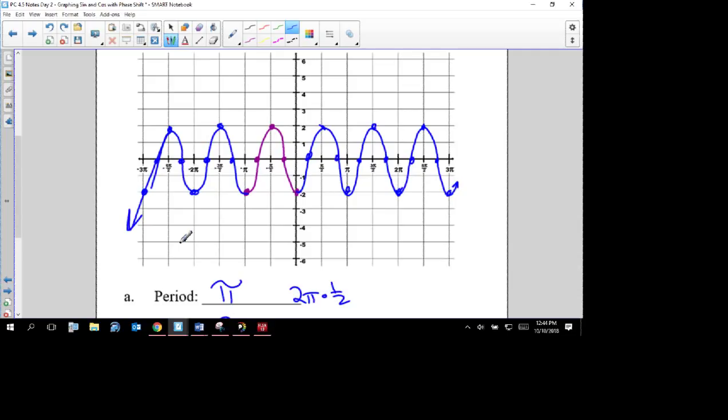But when you look overall at the graph, what do we know about the very lowest point? When we talk about the range, the lowest point is at -2. Can it go below that? No, so you show me at the end of your graph, undo what I did, that it just starts to go back up. Okay, because the very lowest point or the very highest point is there. You can't go above or below it.